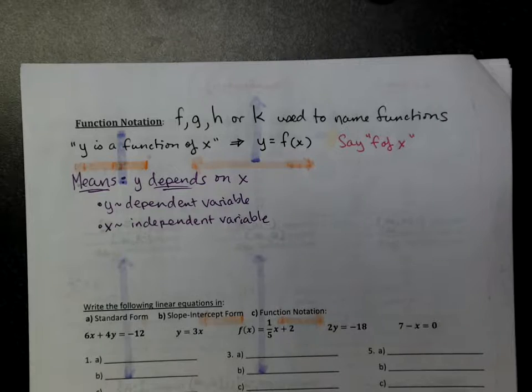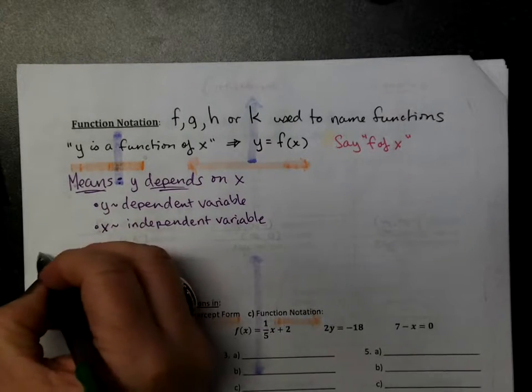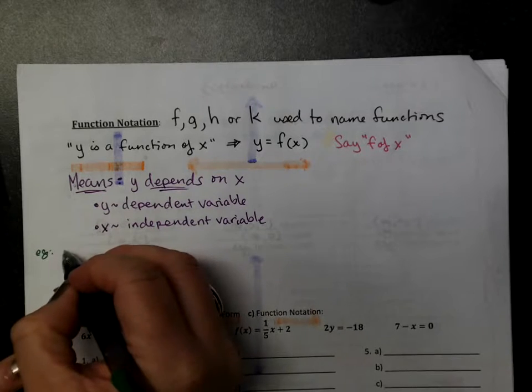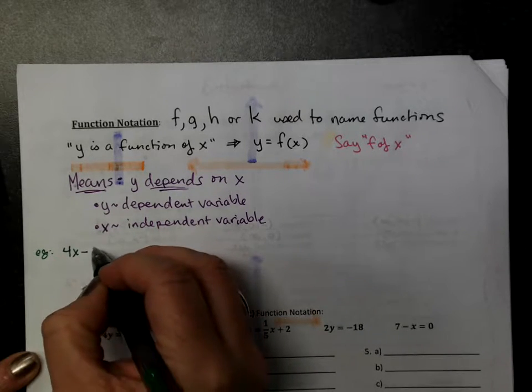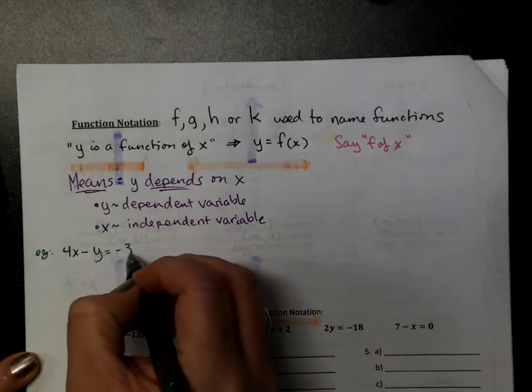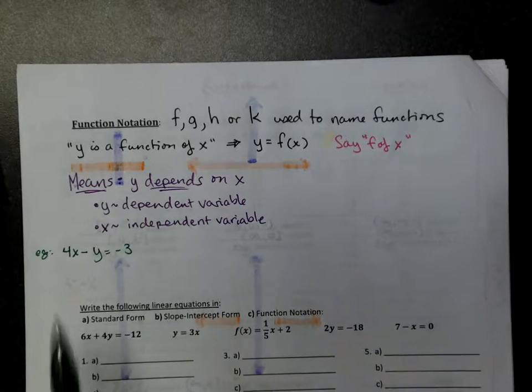Okay, so writing things in function notation, let's say, for example, 4x minus y equals -3. Is that a function? Well, what family does it belong to?